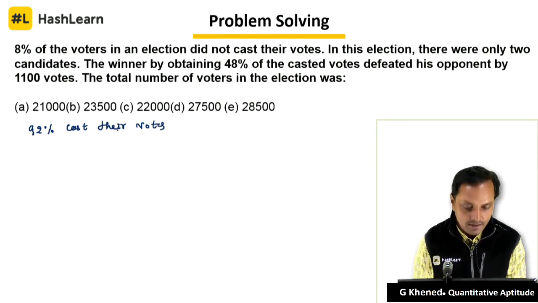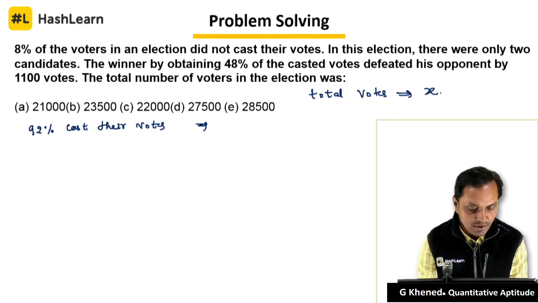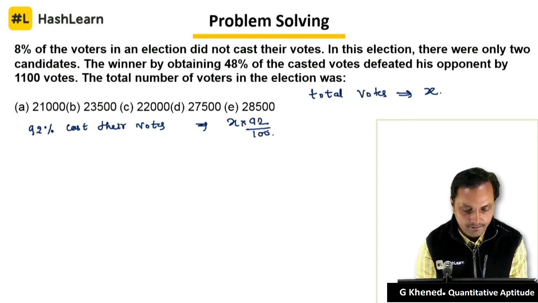What does it mean? I will say that if x is the total number of voters, then 92% cast their votes, which implies x into 92 by 100.